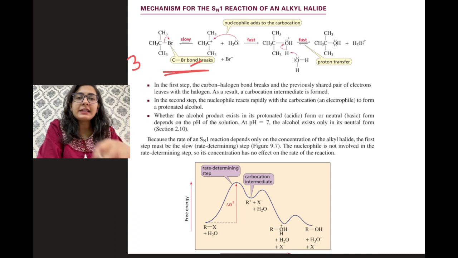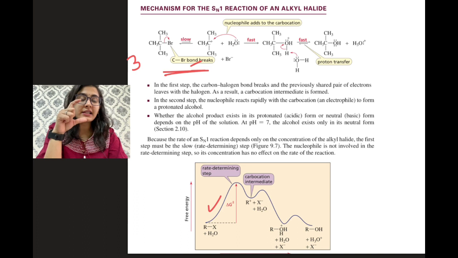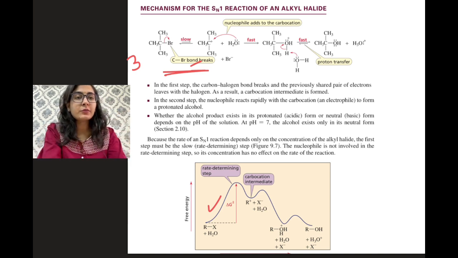That is a slow step because it has a very high activation energy. You see that the first curve over here is the rate determining step because it has a very high activation energy as compared to the other steps. Okay. So it is difficult to break the C-Br bond by itself only under the influence of the solvent molecules.